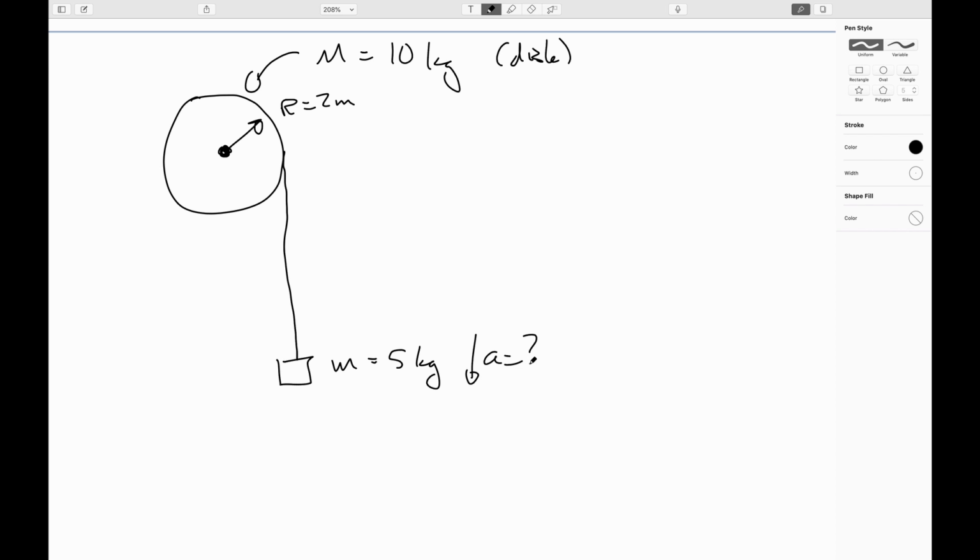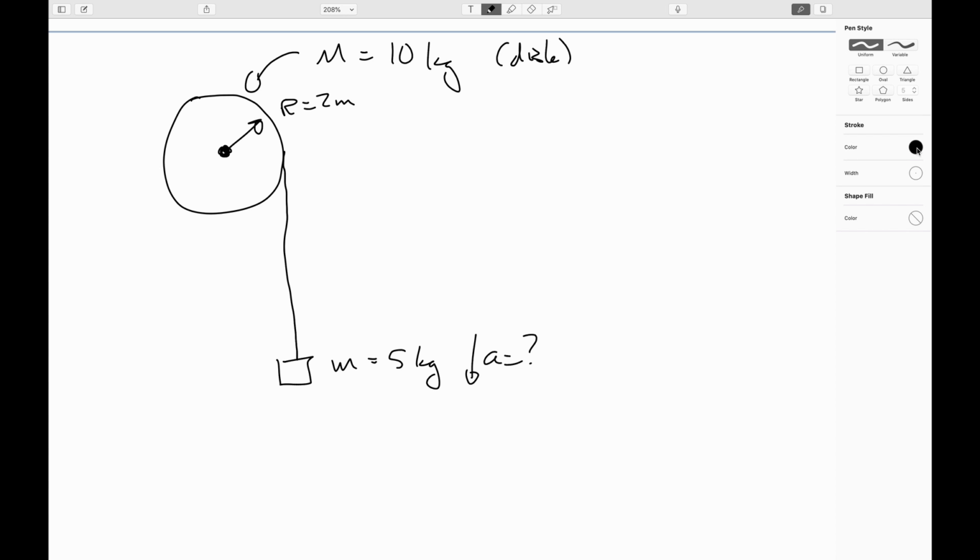So here, we're going to have to analyze it a couple of different ways. For this little block, just using Newton's second law makes all the sense in the world. Now this disc isn't going to be moving, it's just going to be spinning. So using Newton's second law applied to rotations makes more sense there.